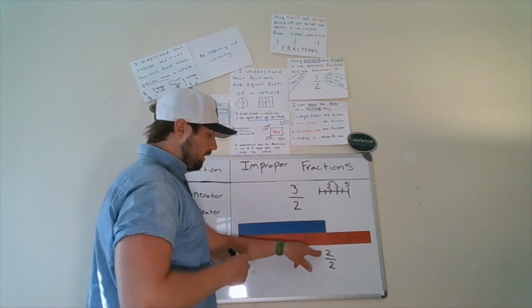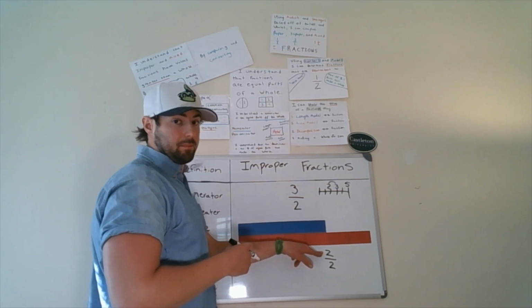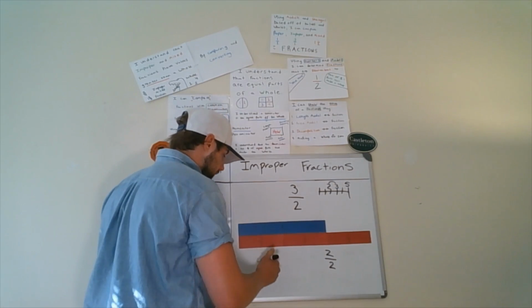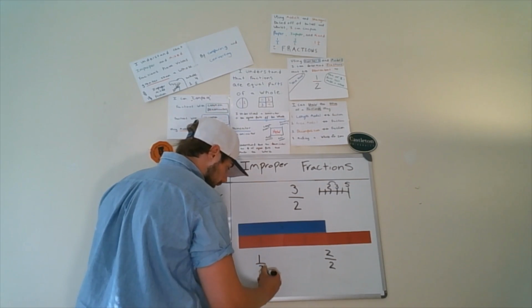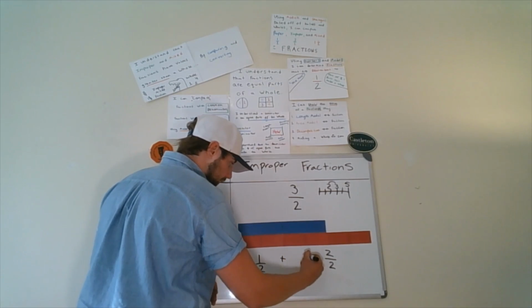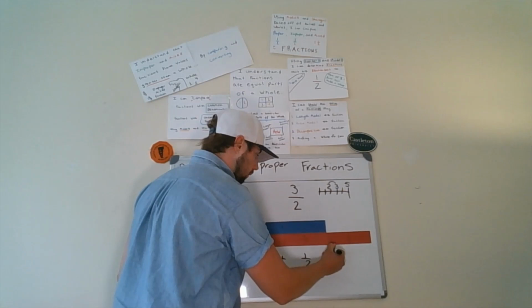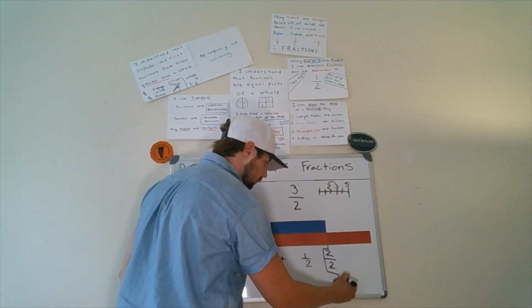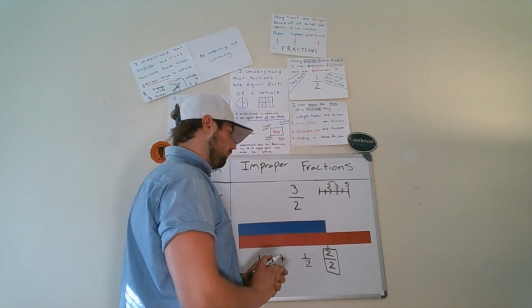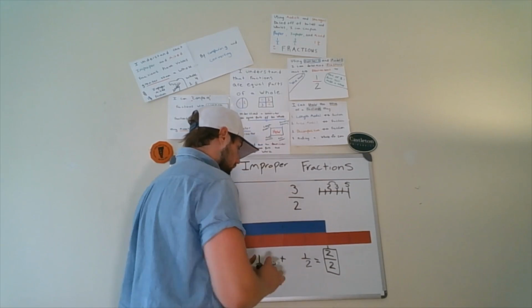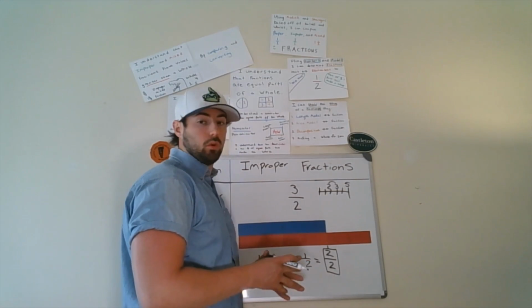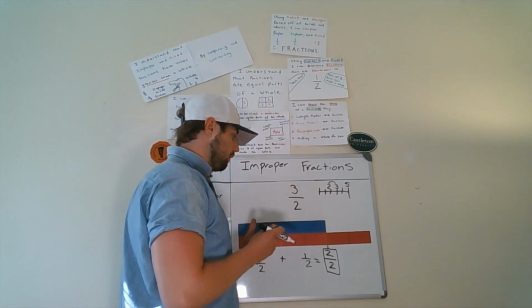Parts of, parts that are being represented with our value. We know that 1 half plus 1 half will make our whole. One half plus 1 half equals our whole, 2 over 2.